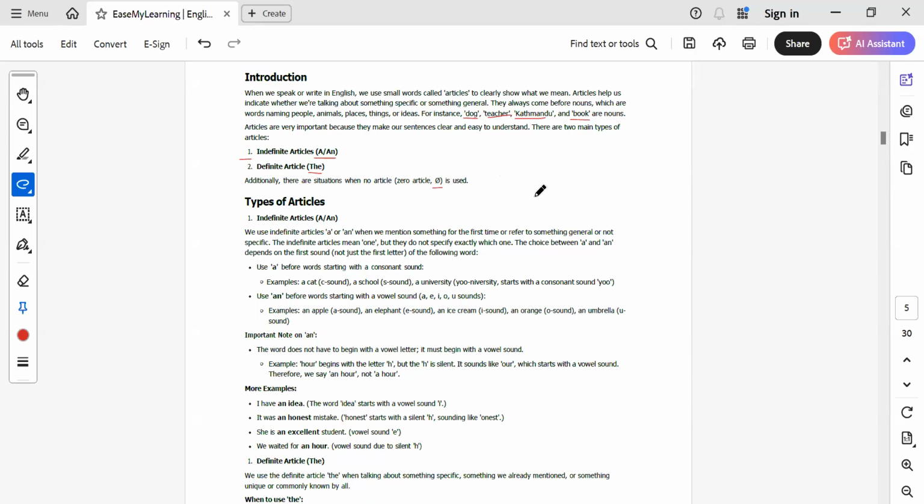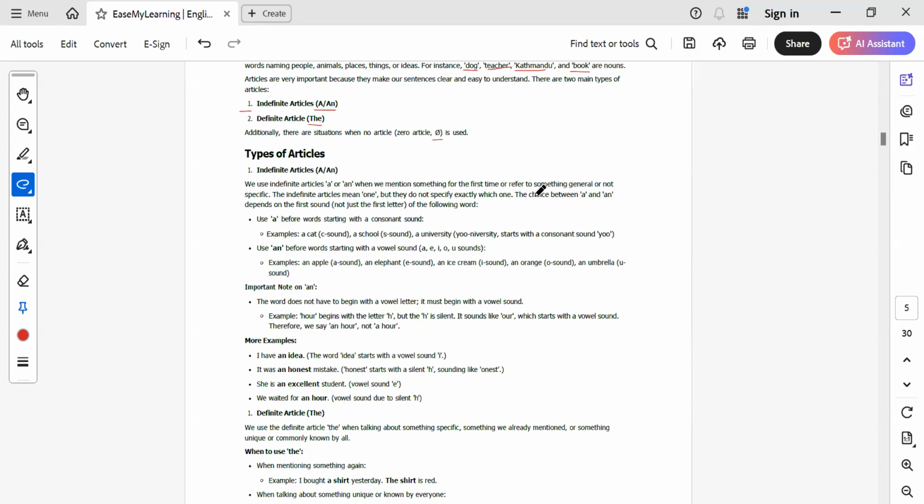Now, to further explain how articles work, the first type is indefinite articles. Indefinite articles are a and an. So, what does the word indefinite mean? Indefinite means that we do not know which specific object, which particular object is being referred to.